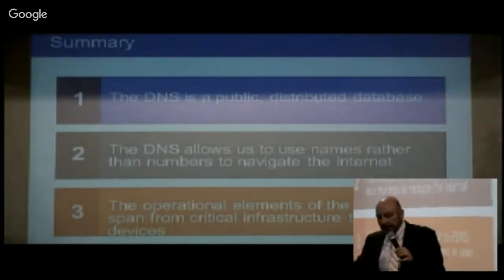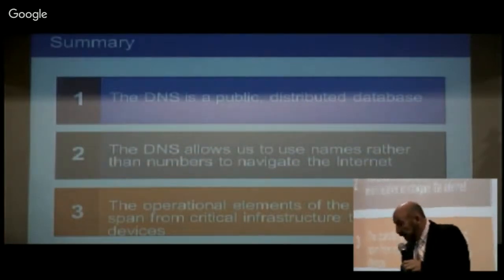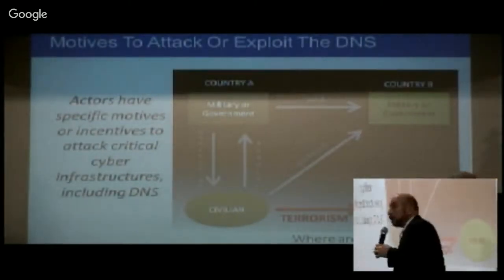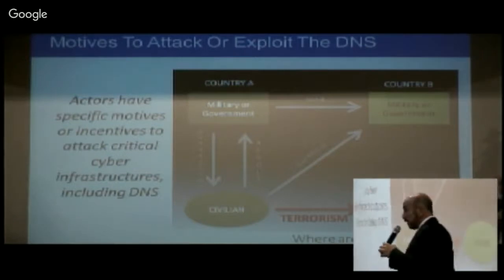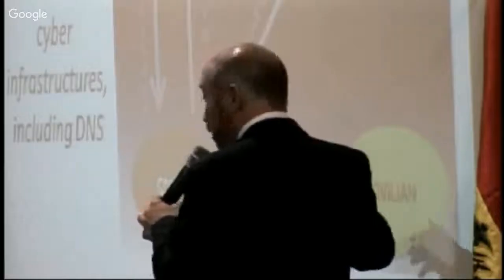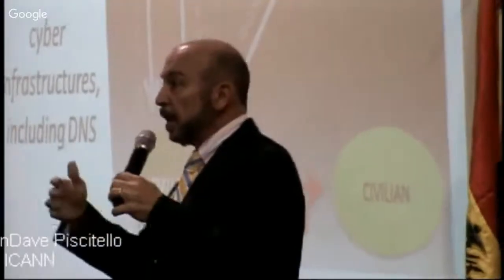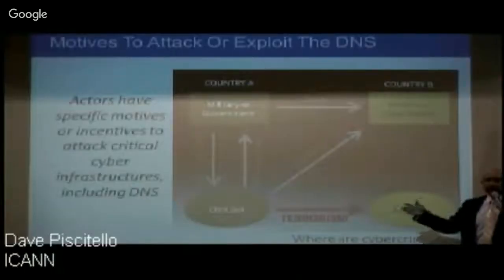And because it's a very important service, it is also a very opportunistic target for abuse and misuse by criminals, by terrorists, by hacktivists. And there are many different motives for attacking or exploiting the DNS. I spend most of my time working in cybercrime, but as the gentleman from Kaspersky illustrated, looking at DNS requests is also a very good way to identify malware, to protect a corporation or a government network.